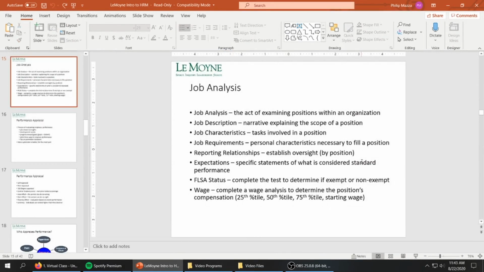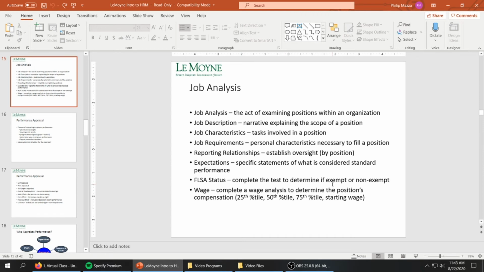Job analysis is an important part of HRM. It is basically the defining of a position: the characteristics of the job, requirements of the job, reporting relationships of the job, expectations of the job. That is basically your job description. Once that is defined, the HR professional will go through an FLSA status test.